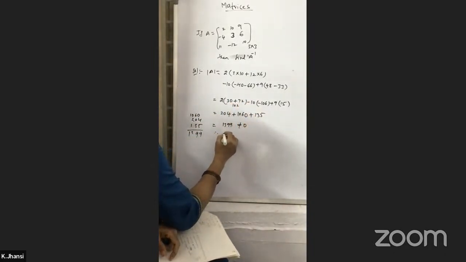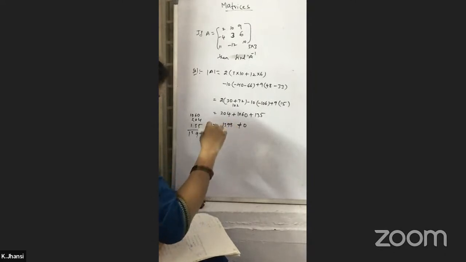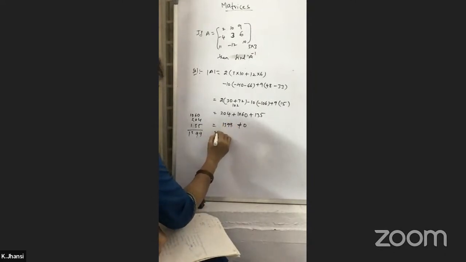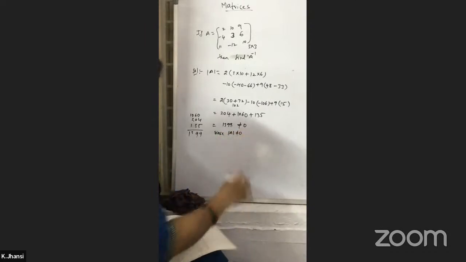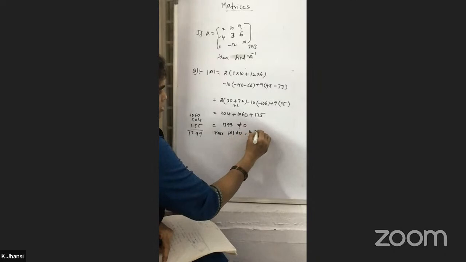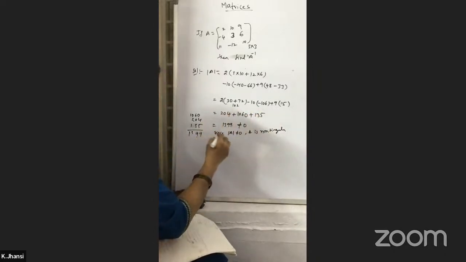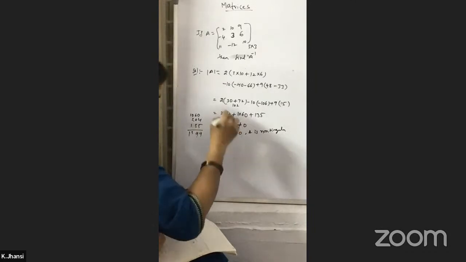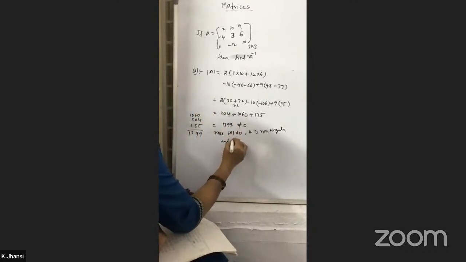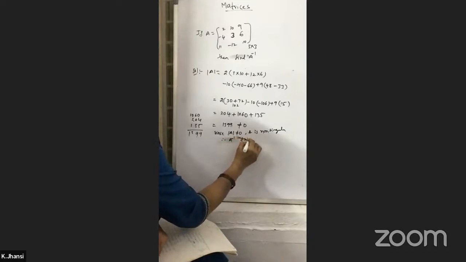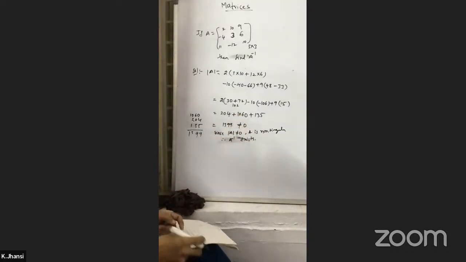Therefore, here you write: since determinant of A is not equal to 0, A is non-singular and therefore A inverse exists. Okay.